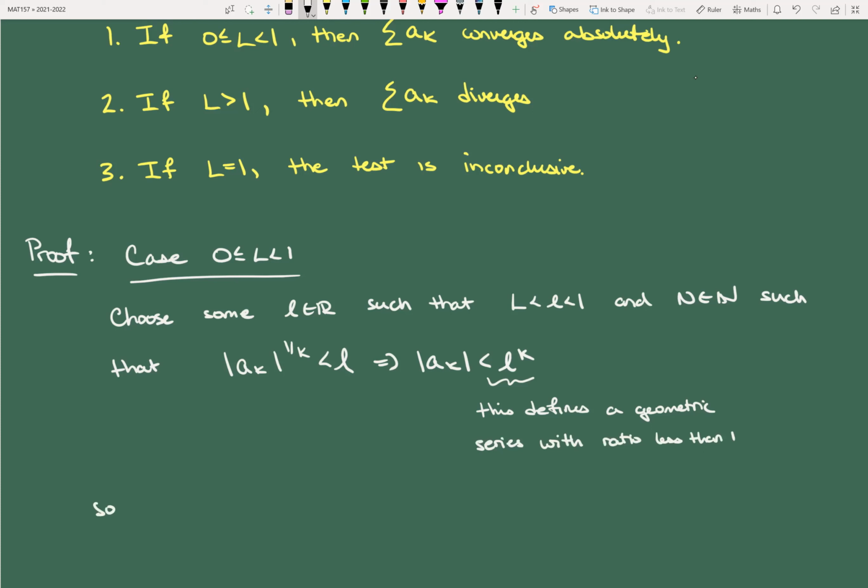Right, so by the BCT, again, the best that we can do is guarantee that this series converges. But of course, if that series converges, so does the original one, right?